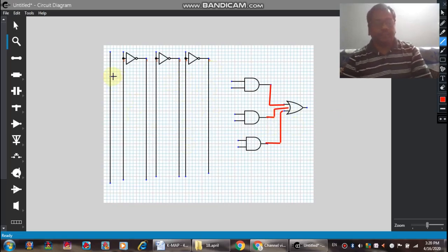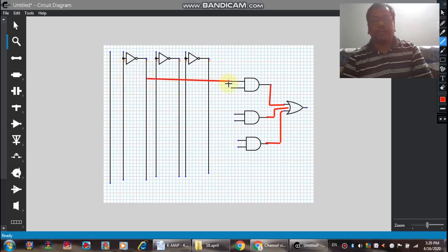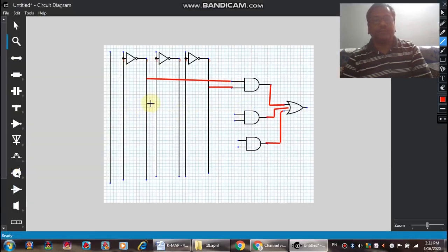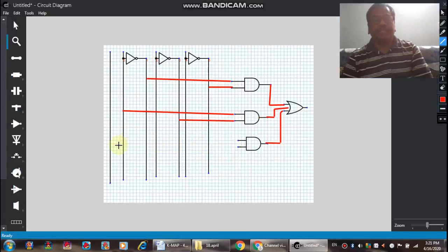The first gate is B bar D bar. That means we have to connect it by B bar and D bar. The second gate is B C bar, that means B and C bar. The third gate is A C bar.